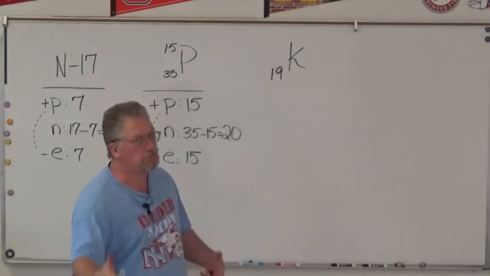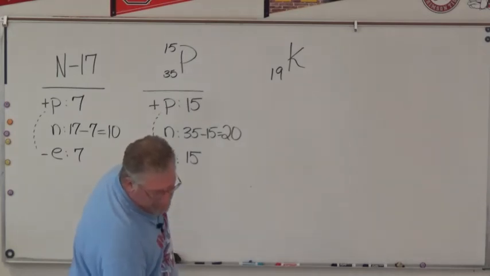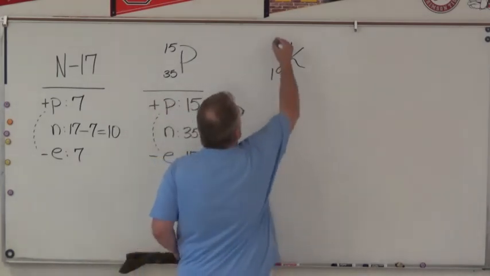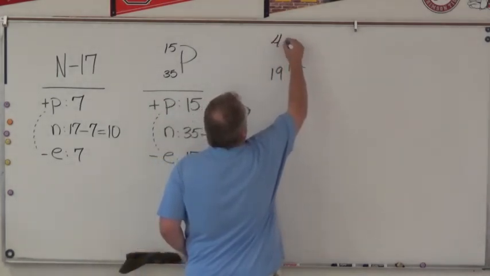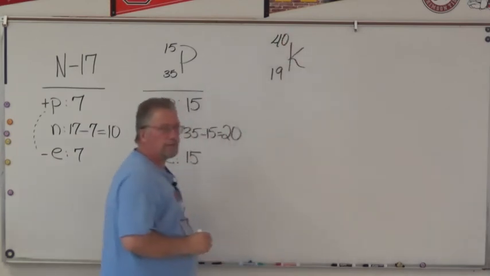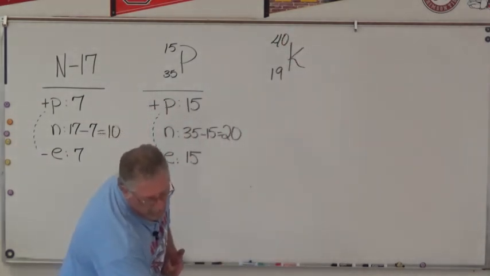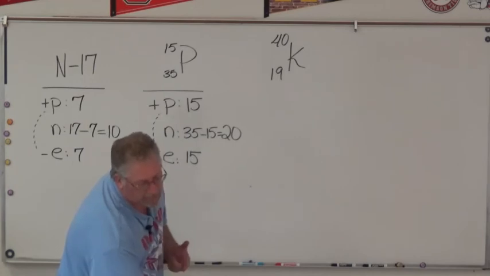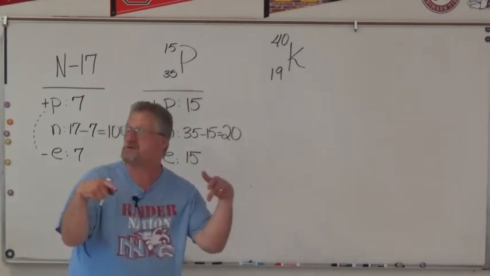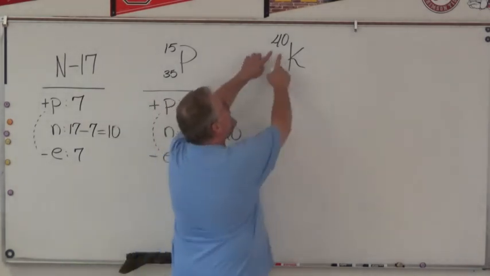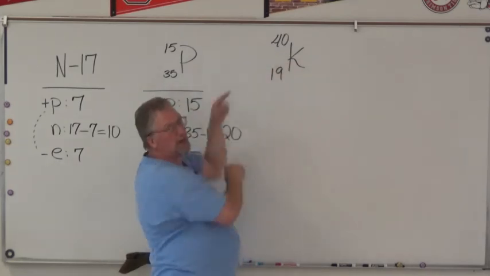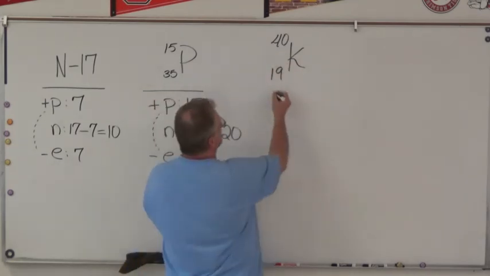Is that going to bother you? No, of course not. And let's say the mass that they want you to use is 40. If you look at your periodic table, the mass of potassium is 39.10. But remember, we're not going to use that mass because they gave me that mass, so I'm going to use that mass. So it's not going to be a problem.